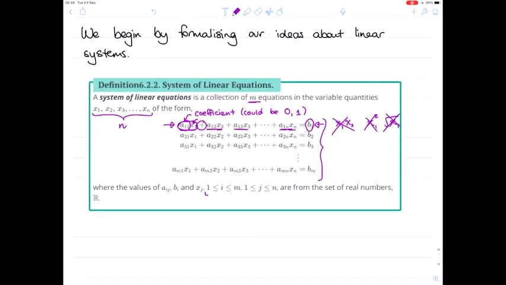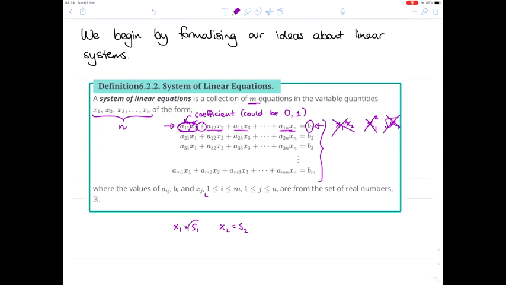So what we're really saying when we're trying to find a solution is that x1 is equal to something, x2 is equal to some other thing, up to xn is equal to sn, and when we plug each of these s's into the appropriate variable in each of these equations, it's going to give us something that equals the right-hand side, and that's going to be true for every equation.